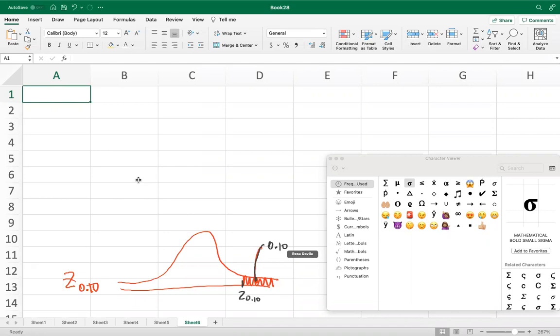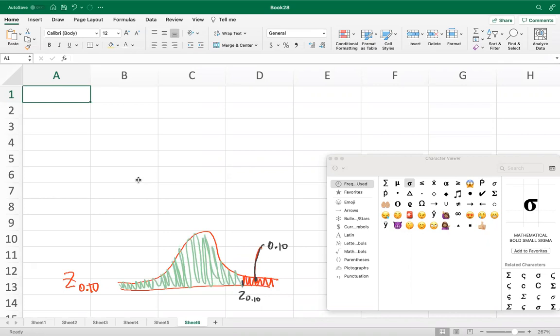Remember, whenever we plug this into Excel, it's always going to read the data to the left. So if we just type in 0.10, it's going to think that we're typing in this value, going to give us a negative Z-score. And that's not what we want. So what we want is that Z-score. So the area associated with that Z-score is going to be, all right, it's this area right here.